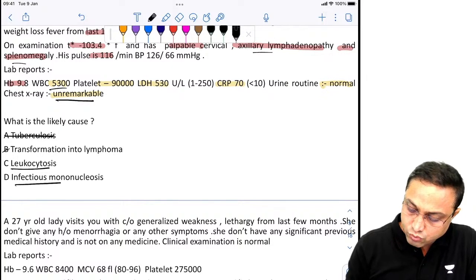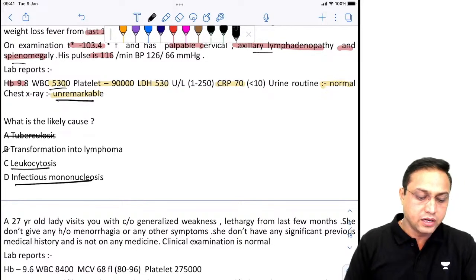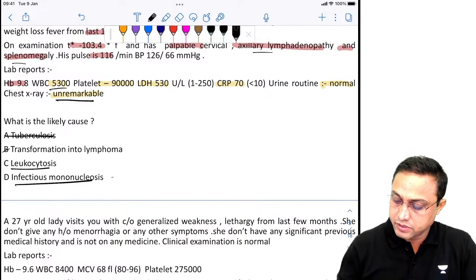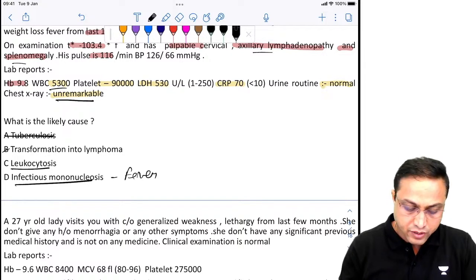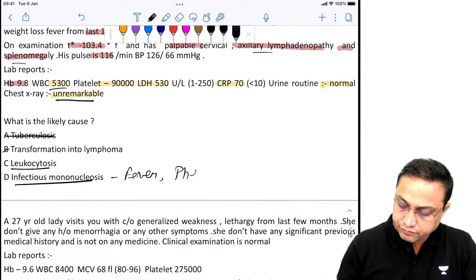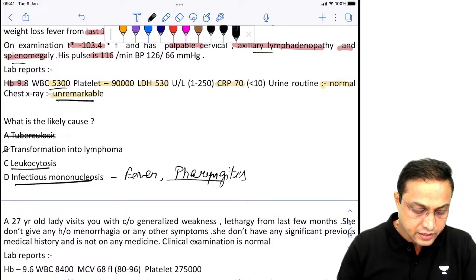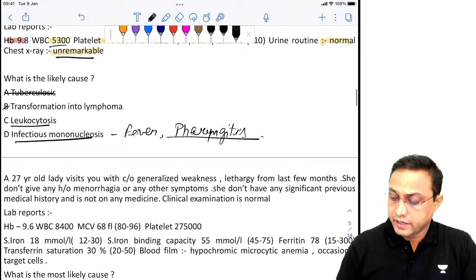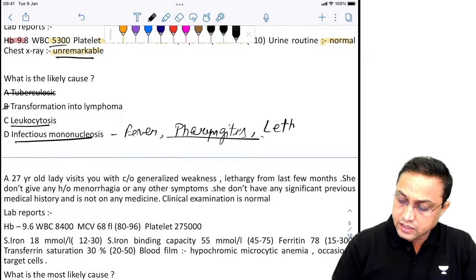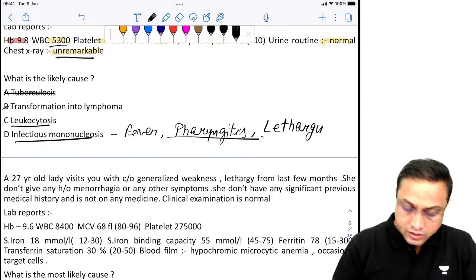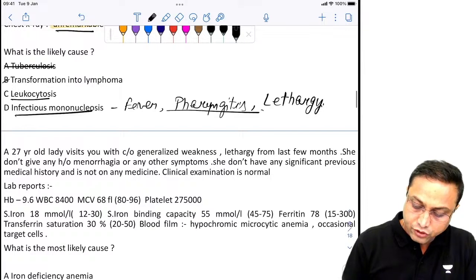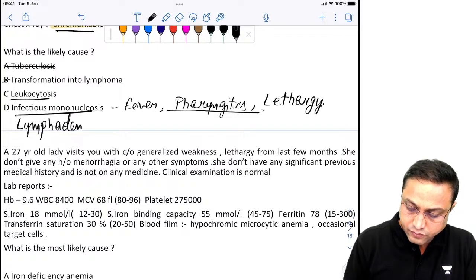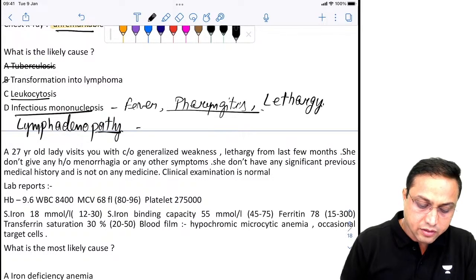See, infectious mononucleosis is basically a syndrome of fever, pharyngitis, lethargy, right? The patient can come with lethargy. The patient can come with lymphadenopathy also. All this can come.